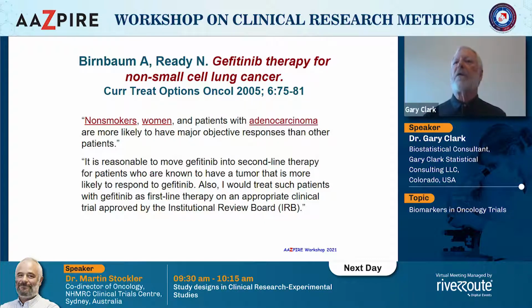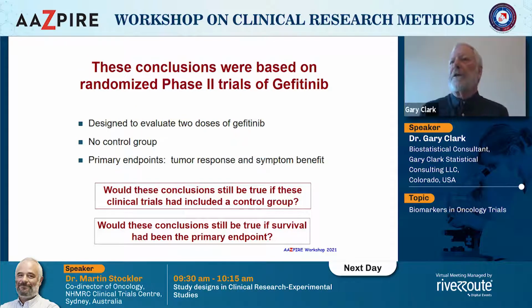Let's talk about non-smokers, women, patients with adenocarcinoma. These conclusions were all based on randomized phase 2 trials of gefitinib. These studies were designed to evaluate 2 doses of gefitinib. There was no control group, and the primary endpoints were tumor response and symptom benefit.